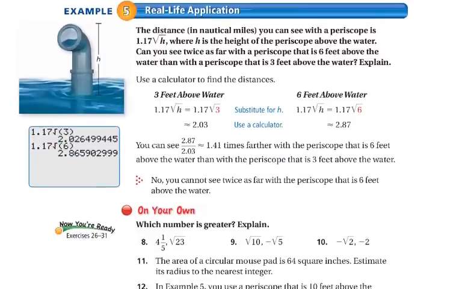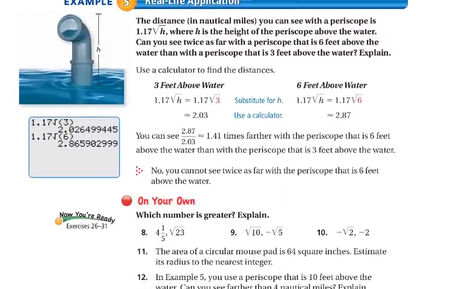Here's another real-life application. It says the distance in nautical miles that you can see with a periscope. This is a periscope, I don't know if you're familiar with that. It is 1.17 times the square root of h, where h is the height of the periscope above the water.